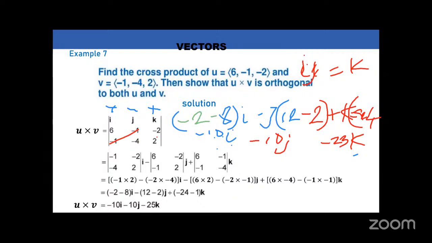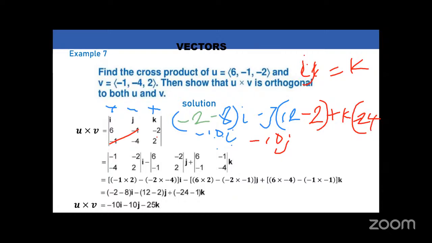Let me write 12. So K, we have 6 times minus 4 gives us minus 24.